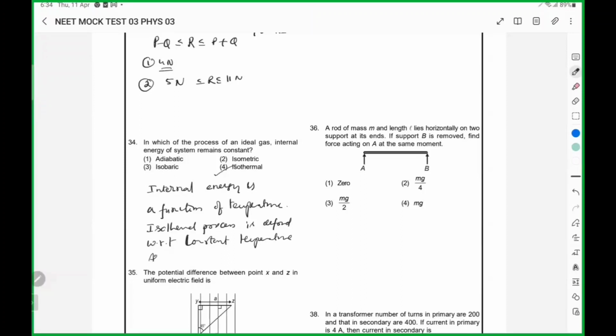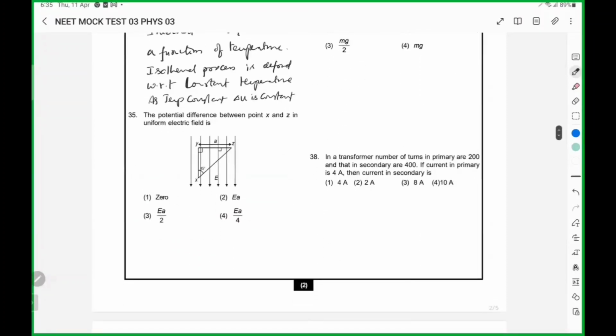As temperature is constant, internal energy is constant. So the fourth option is correct.